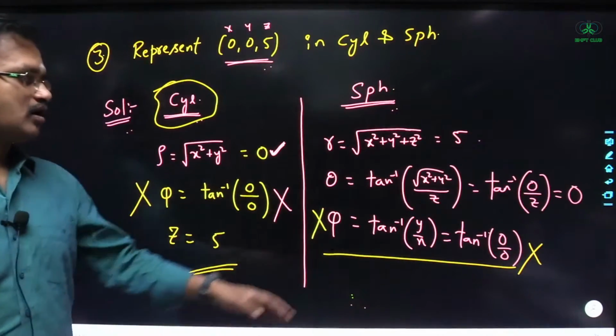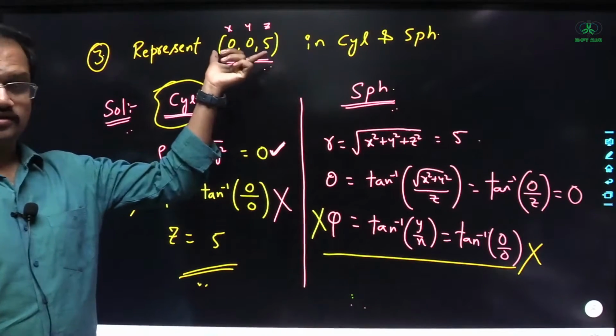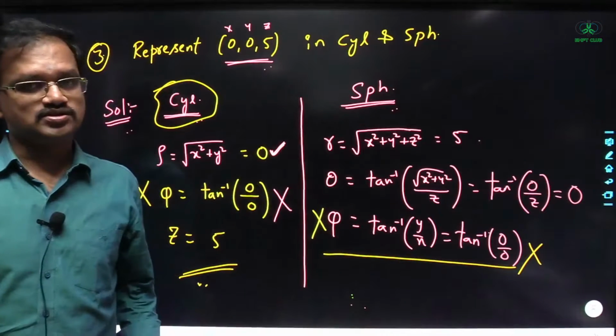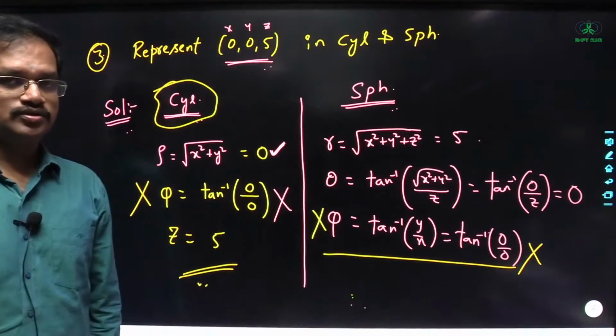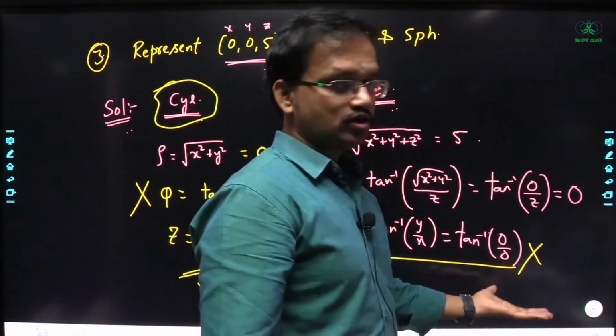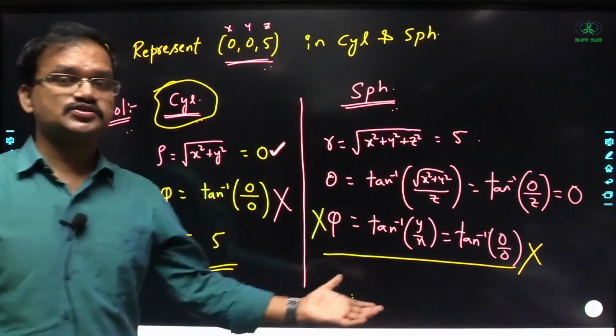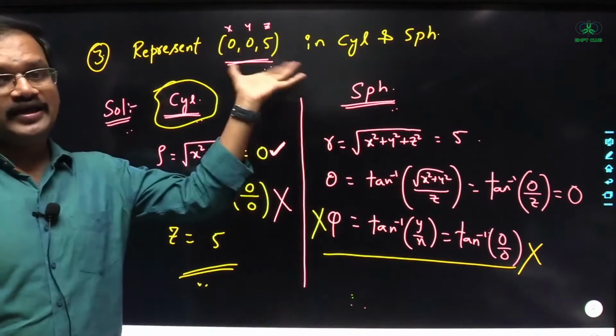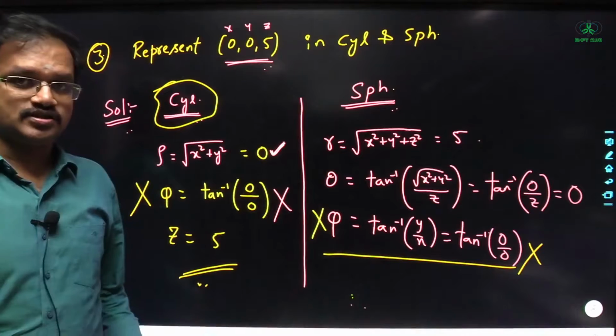So we cannot represent the point (0, 0, 5) uniquely in the spherical coordinate system. Phi is not at all defined.